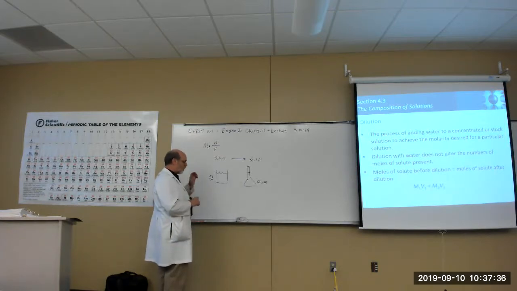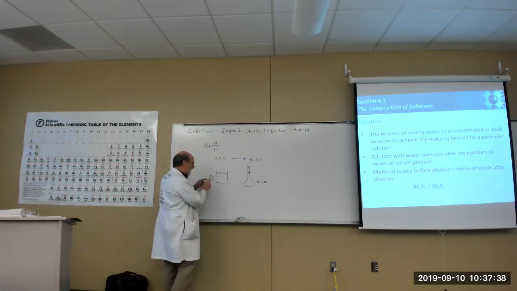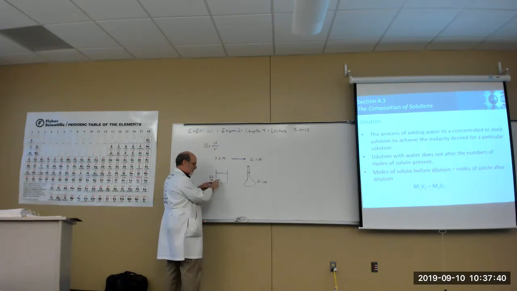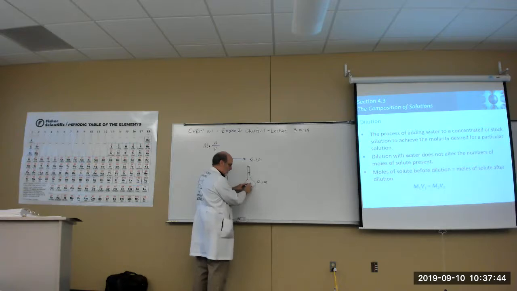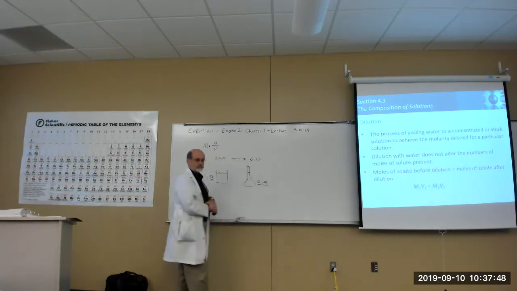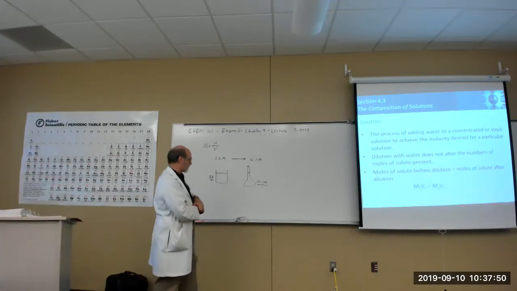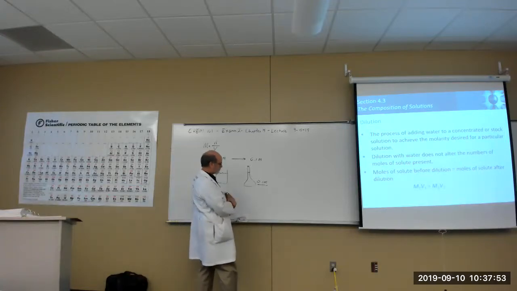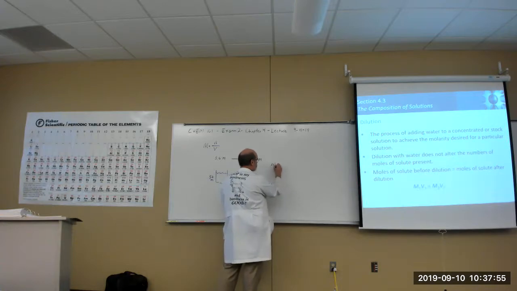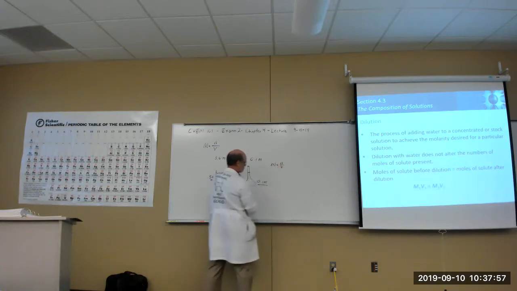Quantitatively, what we want to do is know exactly how much to take out of this that will give us the right amount over here, producing that concentration. Okay? So what do we need to know? Well, molarity equals moles divided by volume.